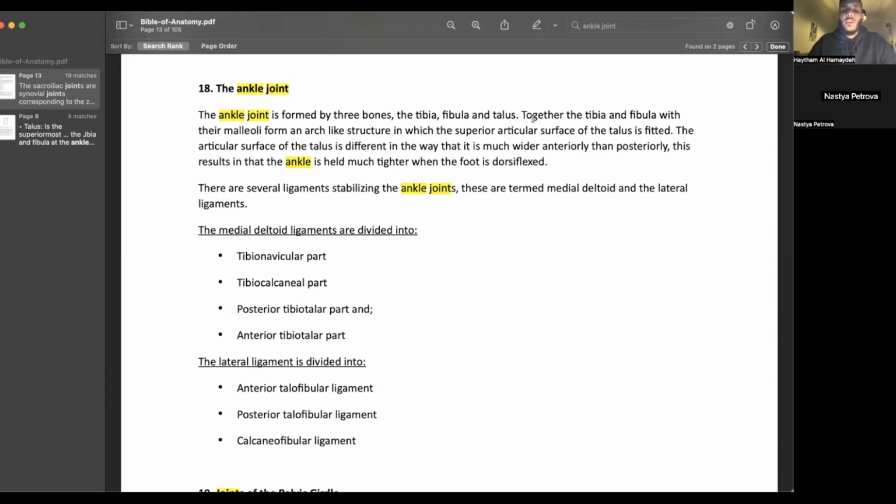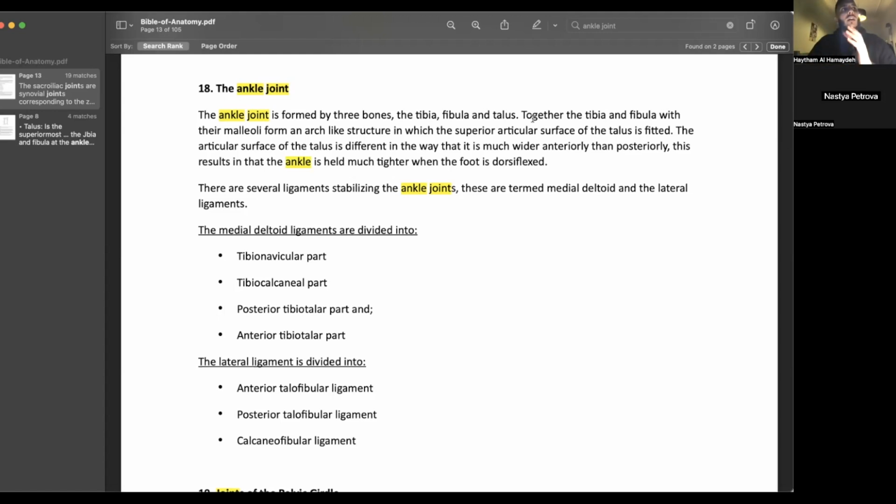So there are three things that I'm going to point at. Number one, when you were talking about the articular surfaces of the bones, you mentioned the inferior lateral articular surface of the medial malleolus.